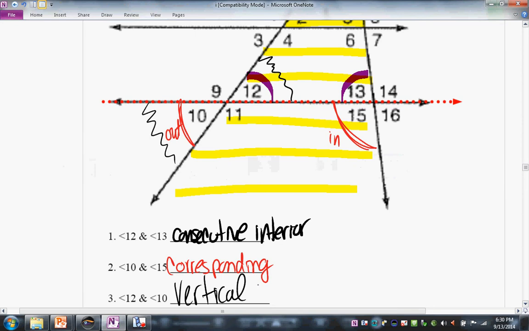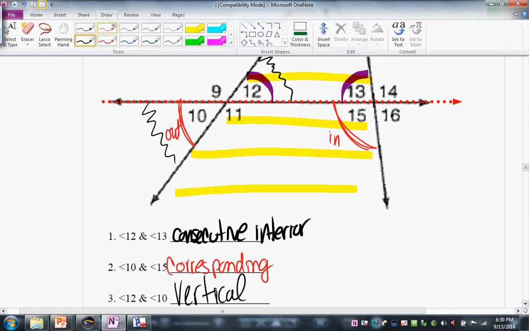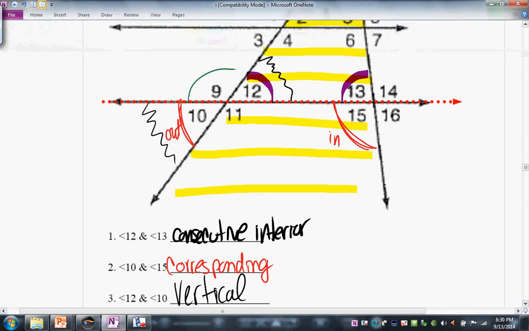Last one is 9 and 16. So let's sweep 9 and let's sweep 16. There's 9, there's 16. Notice we're on the outside, but we're on opposite sides of the stir stick.